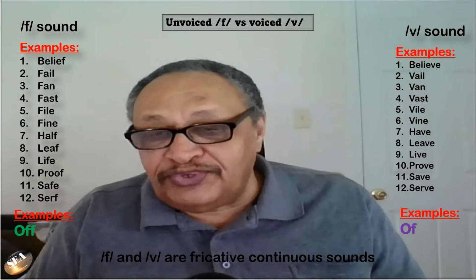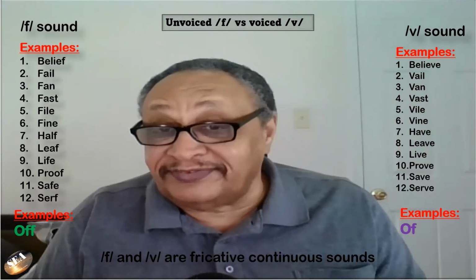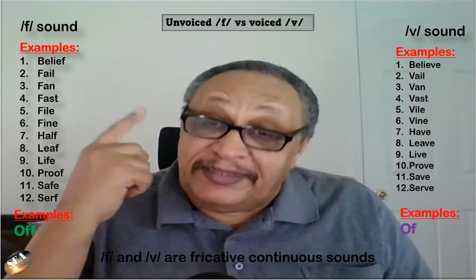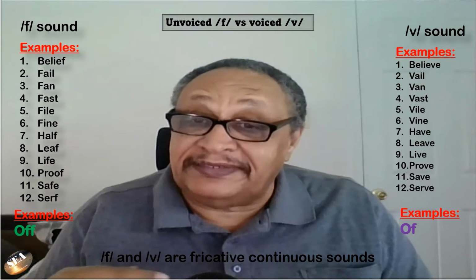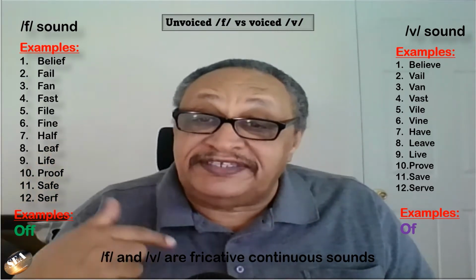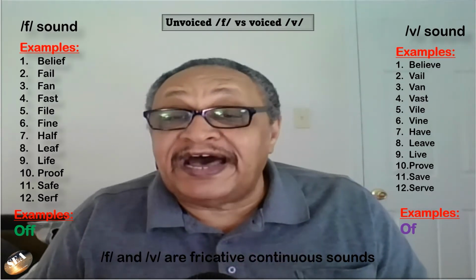The one with the two F is with F sound. We say just off. But with the single F, the sound tends to be V sound. We say of, not off.